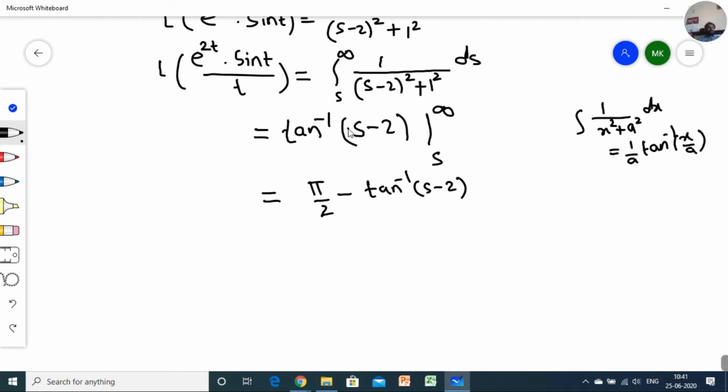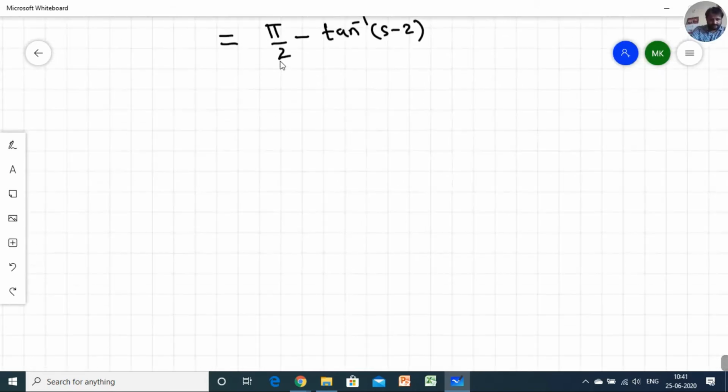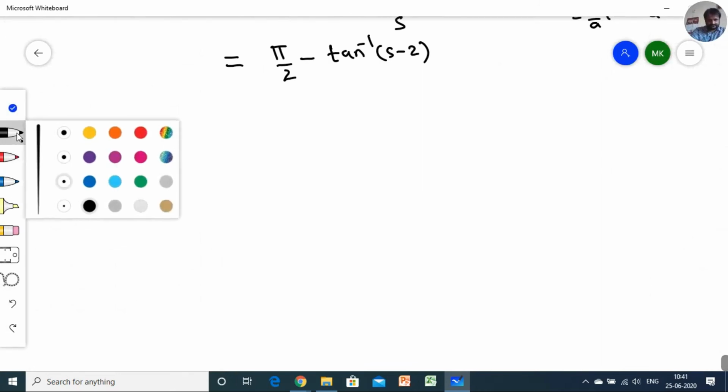All parts carry the first shifting theorem as well as the basic definition of Laplace transform. You must learn the standard Laplace transforms, like what is the Laplace transform of sine, cosine, sin at, cos at, t raised to n, e raised to at, etc., because these things are important for solving problems.